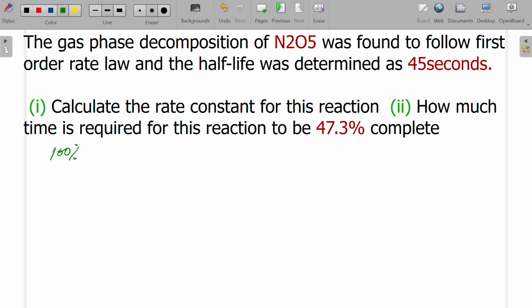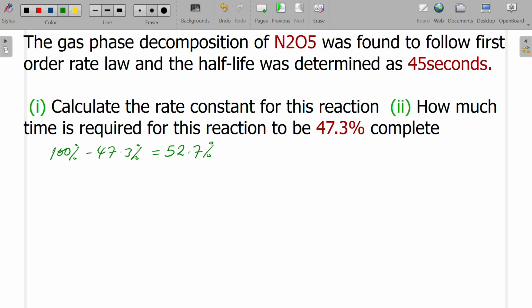And then we are told 47.3% is used. So we'll say minus 47.3%. So 100 minus 47.3%, this is giving me 52.7% according to my calculator here.